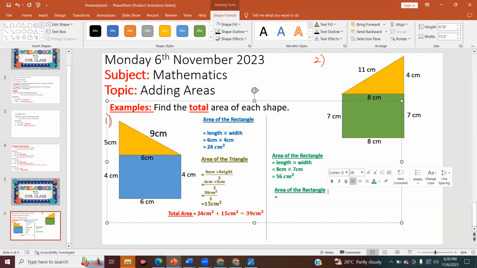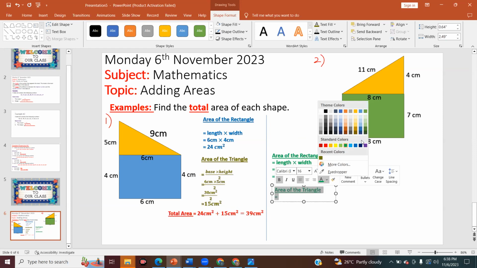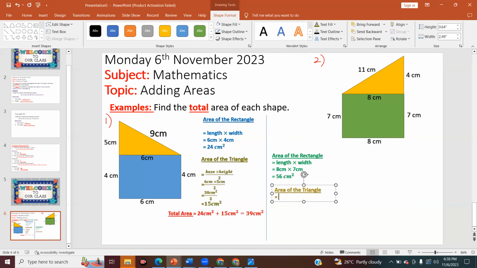But we want now the area of the triangle. How are we going to get that, Bree? Base times height. 4 times 11. Say it again. 4 times 11.